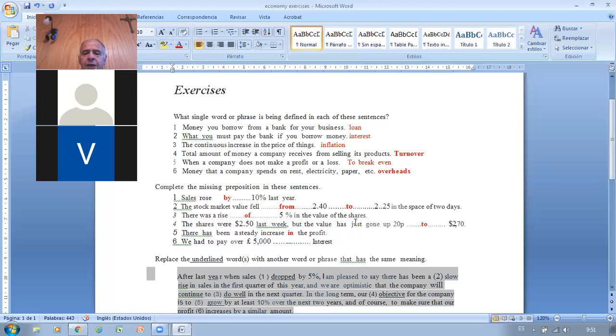Now, what do you remember? What is a share and what is a stock market? Do you remember that? Any of you girls? Oh, I don't remember, sorry. I remember that you asked me for that last time.